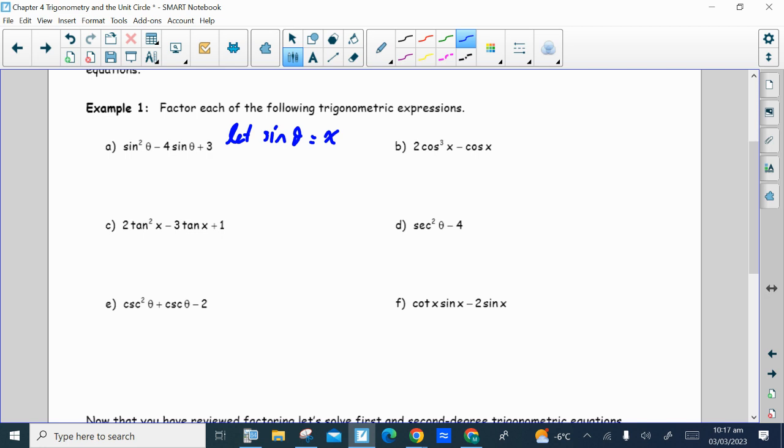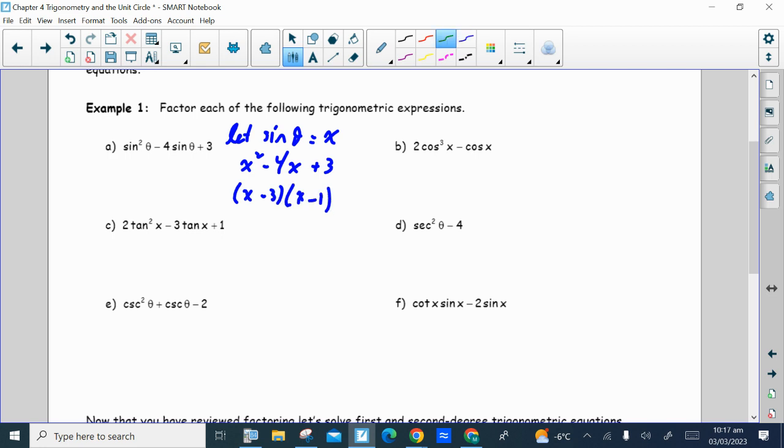So wherever we see sine theta in that expression, we'll replace it with x. Remember, sine squared theta means the sine of theta all squared. So if you replace the sine theta with x, that'll be x squared, minus 4 sine theta, which again is x, plus 3. And then if you factor that trinomial, it'll be x minus 3, x minus 1.